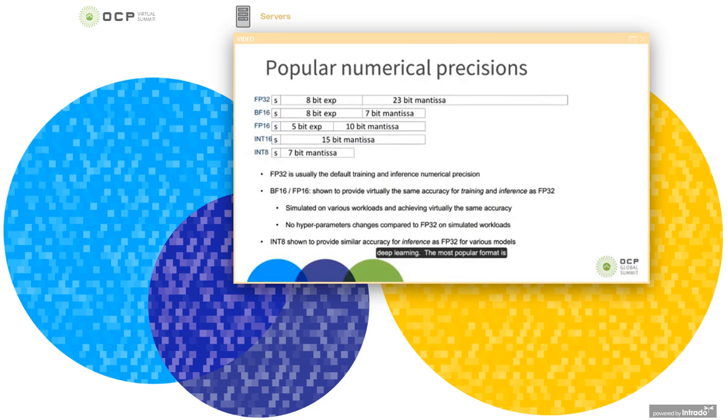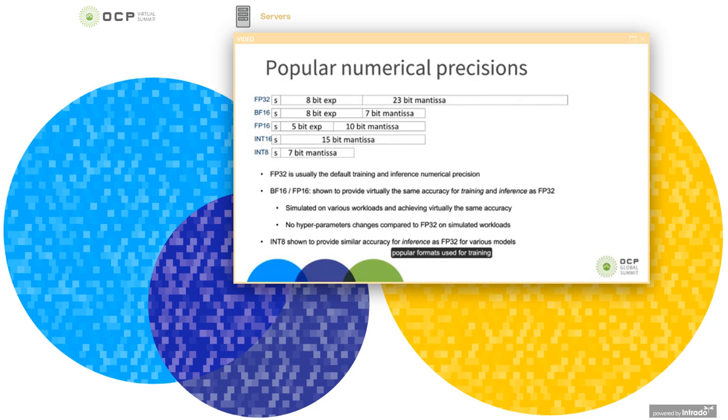The most popular format is called single precision, or IEEE floating point 32 bits, which you can see in the top. Now, this is commonly used for training and inference, but there is a push towards adopting lower precision, because then you can pack more multiplying and adds into your hardware.